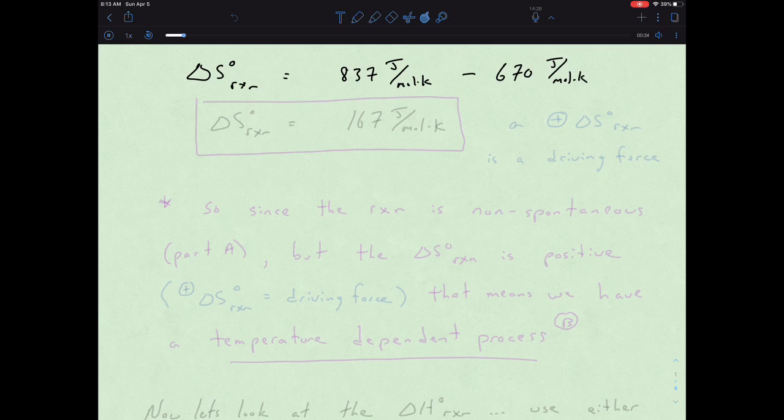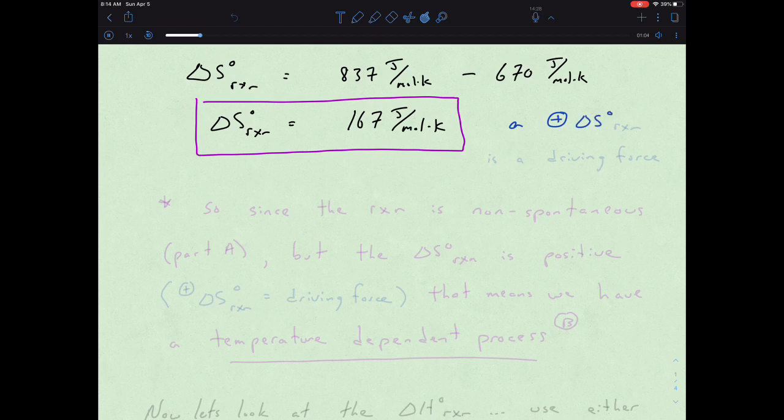And so that gives us a delta S of reaction to be equal to 167 joules per mole Kelvin. So since we know that, right, a positive delta S of the reaction is a driving force.